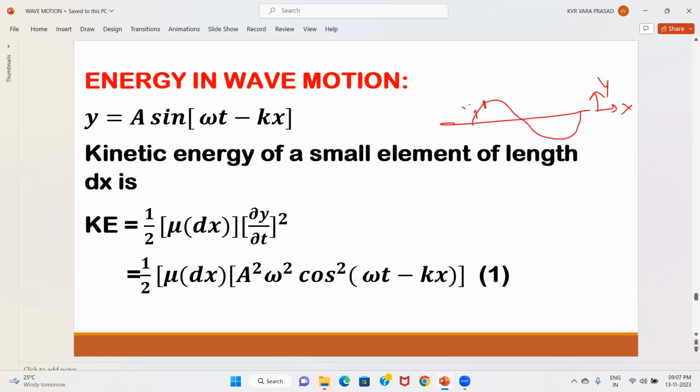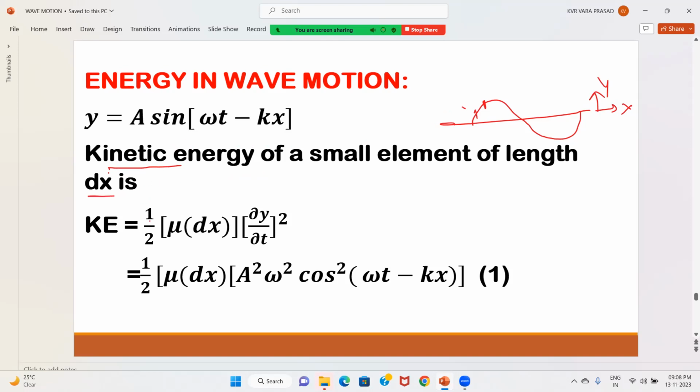So we have taken y equal to a sin(omega t minus kx). Let us now calculate the kinetic energy of a small element of length dx.